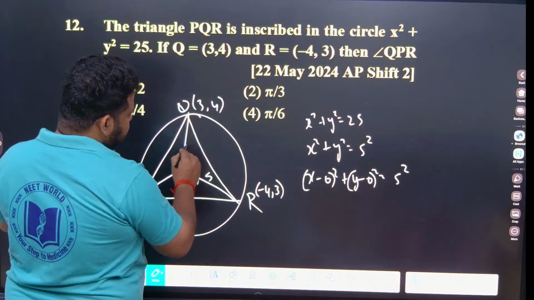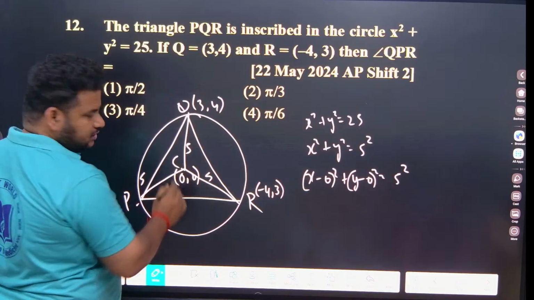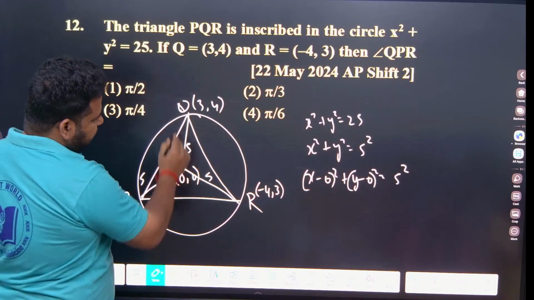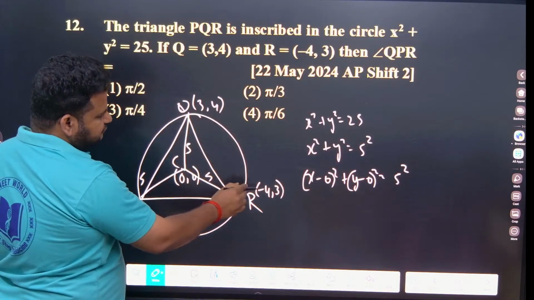If I join this, this is also 5, right? Now consider this is the center. Now observe this. QPR we have to find. Q and R you observe. Q is (3, 4) and R is (-4, 3).